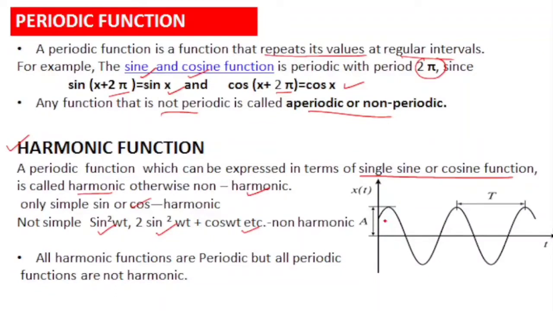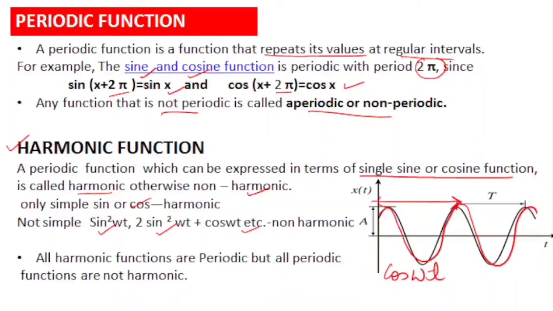For example, this is a graph of what? Cos omega t, right? So it starts from this maximum position, after that it repeats after a fixed interval. This is one fixed cycle, and then again it repeats the same motion. So this is a periodic function.